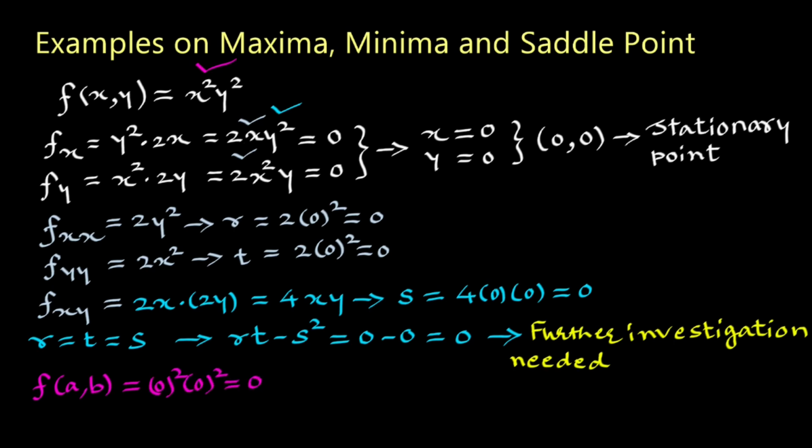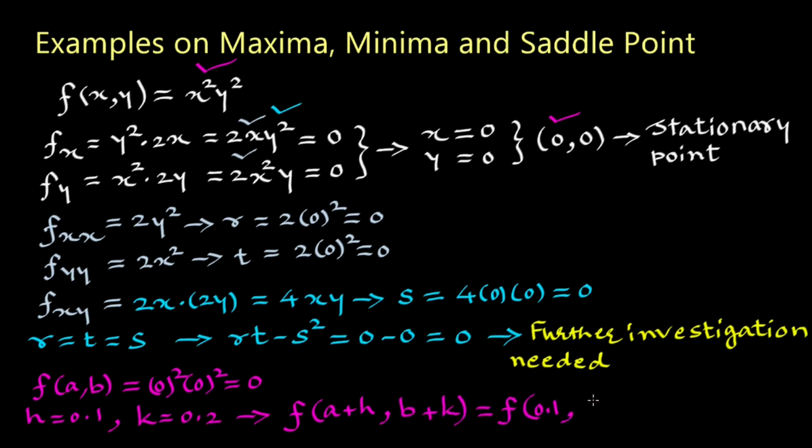Next we select small values of h and k which are very close to a and b, that is at the origin. So let h equals 0.1 and k equals 0.2. So f(a plus h, b plus k) will be f(0.1, 0.2), 0.1 square into 0.2 square, that will be 0.01 into 0.04, 0.0004.